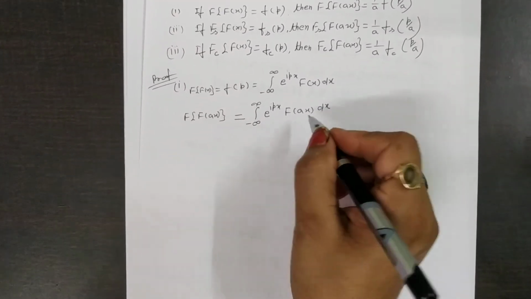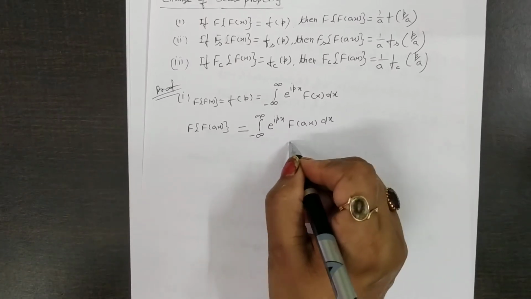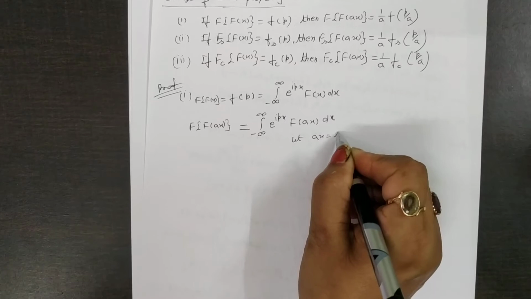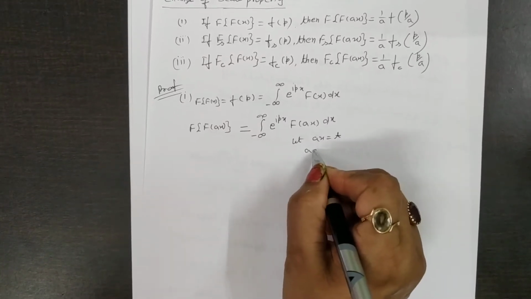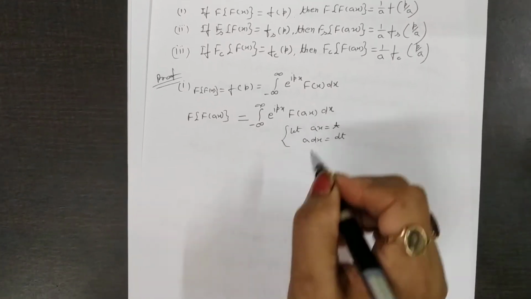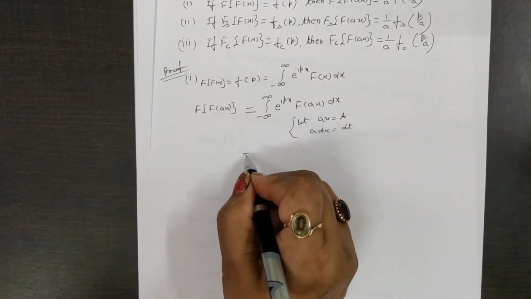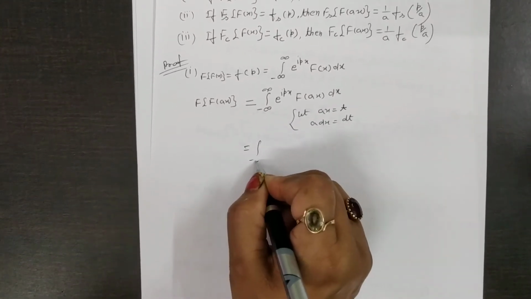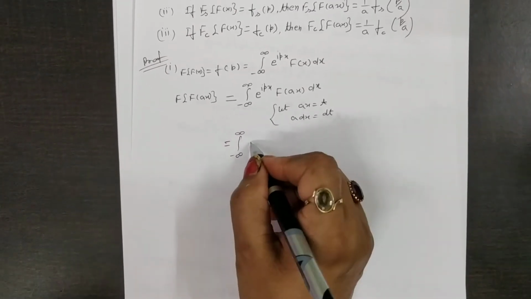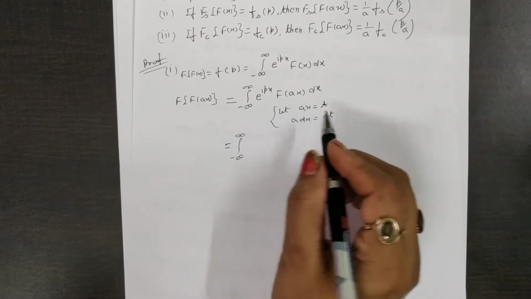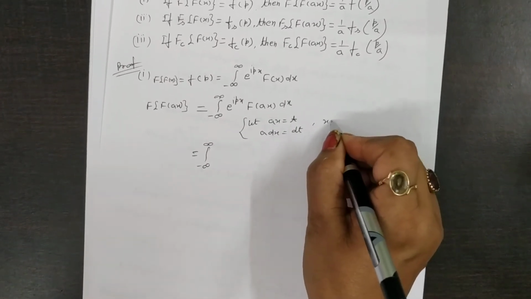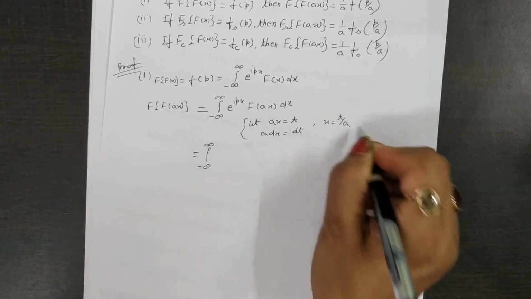Substituting ax equal to t, then a dx is equal to dt, and x is equal to t by a.